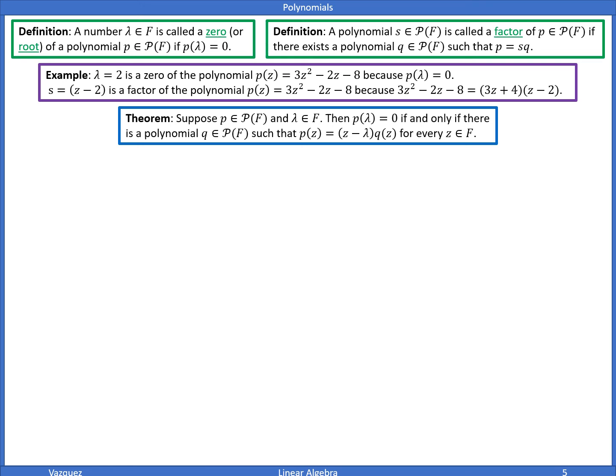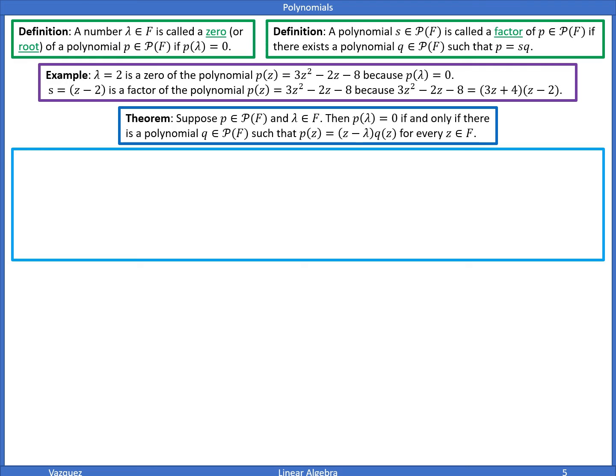Then P of lambda is equal to 0 if and only if there is a polynomial Q such that the polynomial P is equal to z minus lambda times Q of z. So what is that saying? Lambda is a root if and only if we can get a polynomial Q such that if we multiply it by z minus lambda, we get our polynomial P.